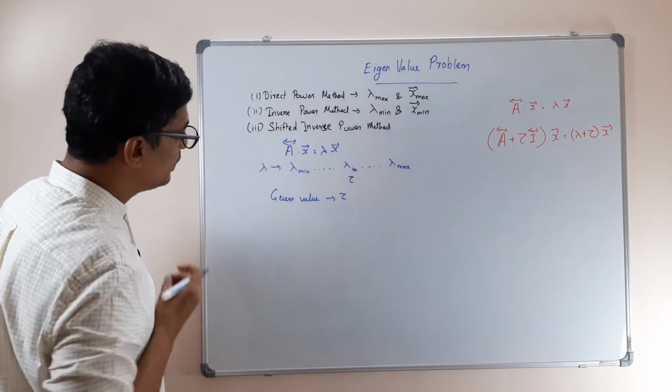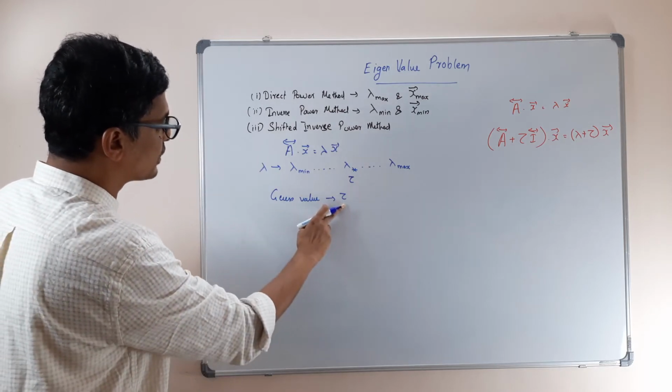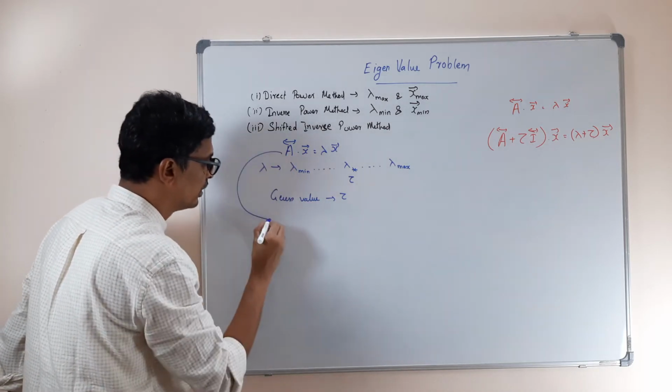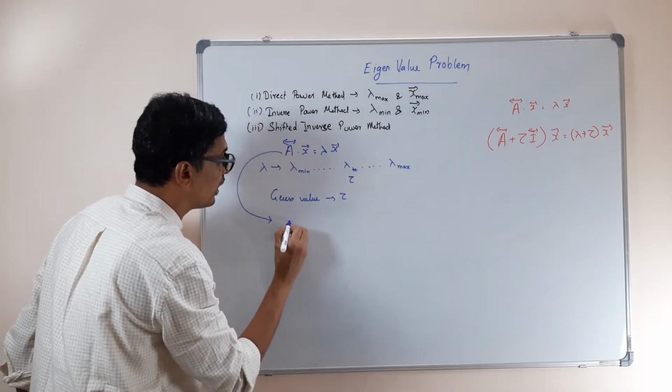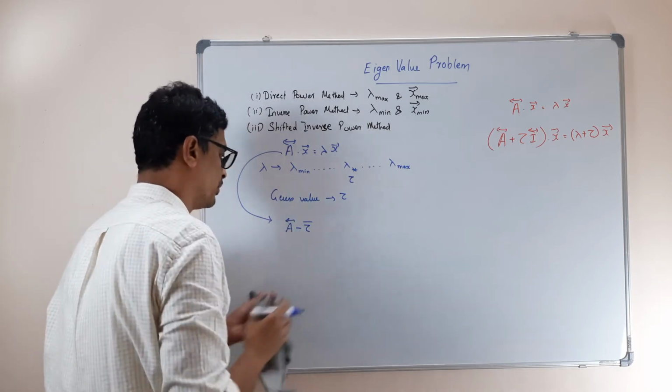Then what am I going to do? I am going to subtract tau from this equation. I will modify it as (A minus tau I) x equals (λ minus tau) x, where tau is a constant.